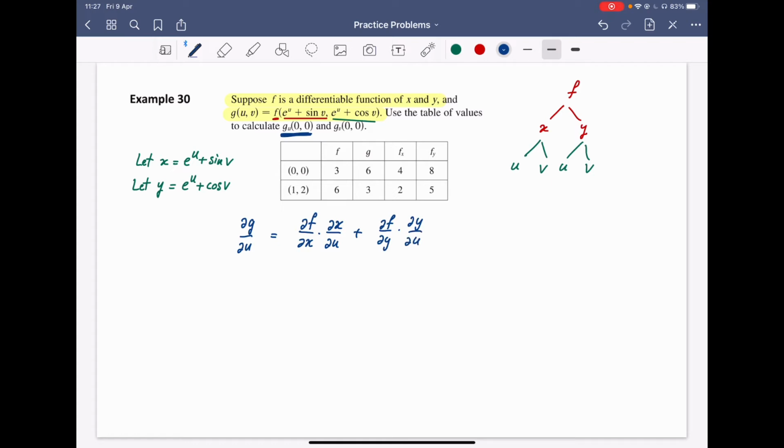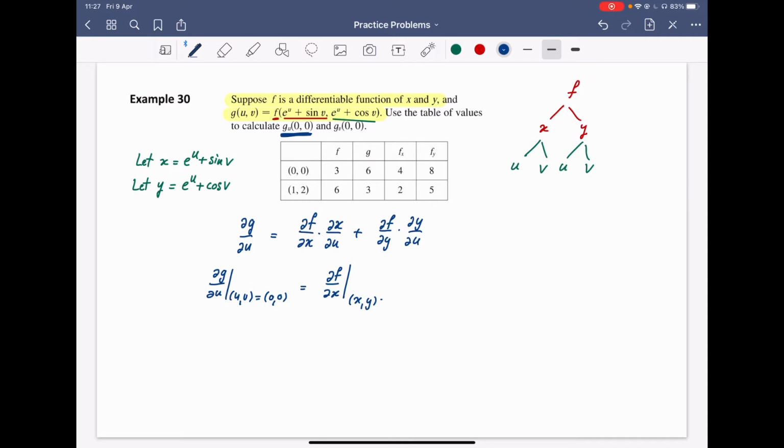All right, this is because you look at the diagram here, you have f with respect to x, and then x with respect to u, and then f with respect to y, and then y with respect to u. Good. And then after that, you can evaluate this thing at (u, v) equal to (0, 0). Because f is a function of x and y, you have to make sure what x, y are when (u, v) equals (0, 0).